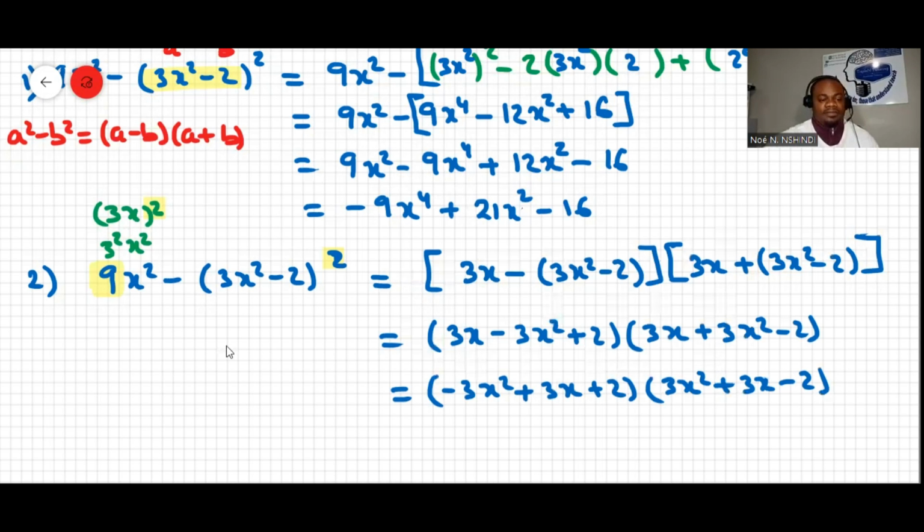So I said we have a difference of 2 squares. 3x is like a, and then what is in the bracket is like b. So we can say a minus b times a plus b, and then we simplify. Thank you.